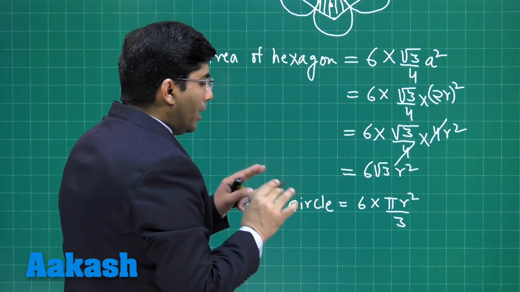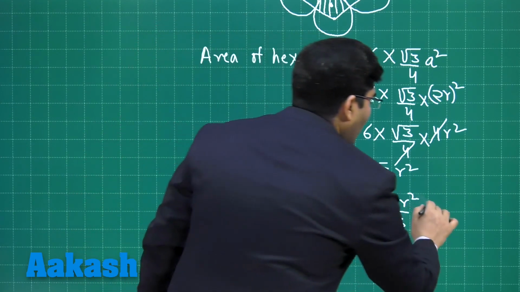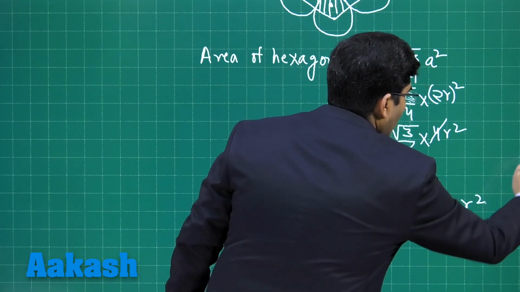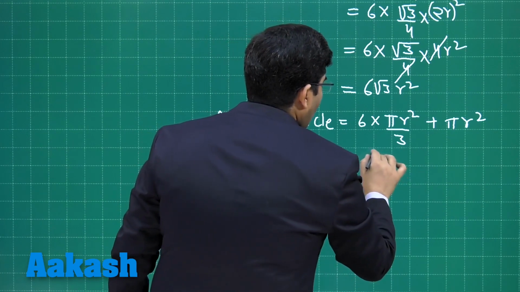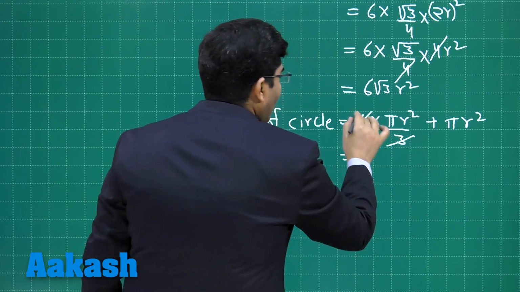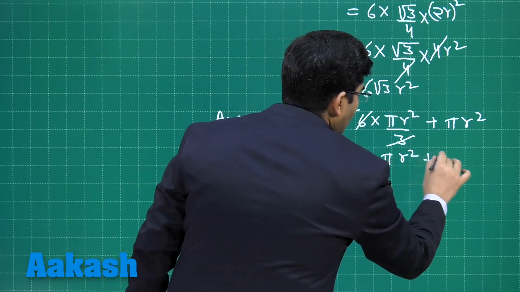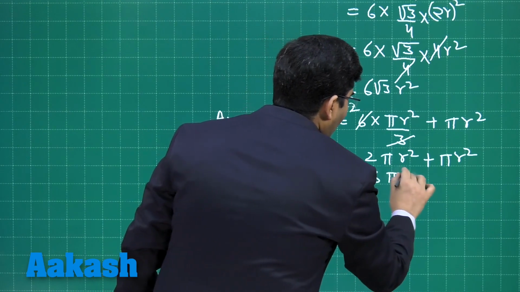So this is the area of the sections, and one atom we have in the middle. So plus pi r square. So when we solve it, we will get twice pi r square plus pi r square, it will be equal to 3 pi r square.